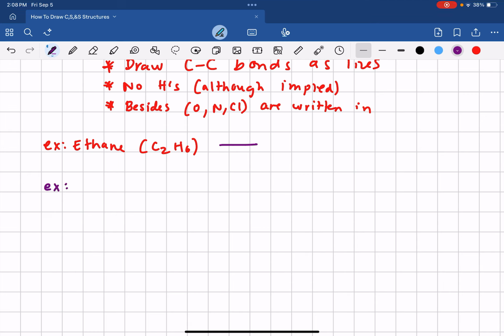Let's do propane, which would be C3H8. Let me first draw what propane is, and then I'll explain why I drew this.